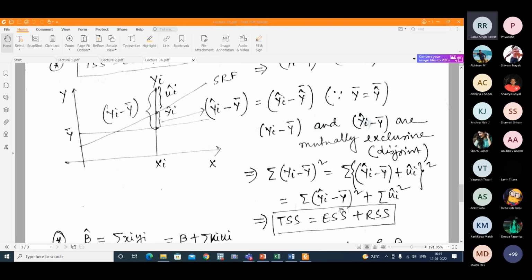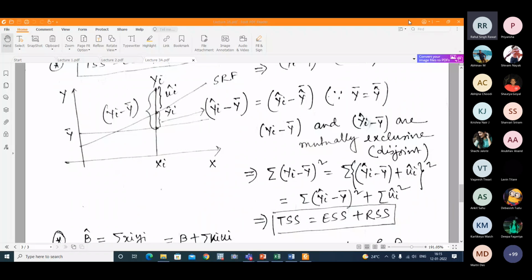So a higher R square value means a larger portion of the variation in Y is explained by the estimated model, and a smaller portion remains unexplained. That is why, in general, we look at a regression model that has a high R square value.